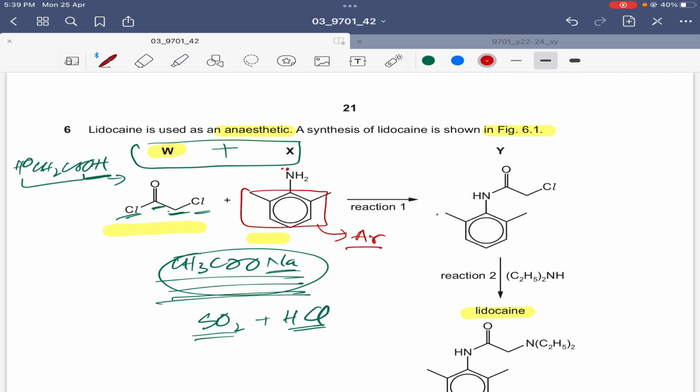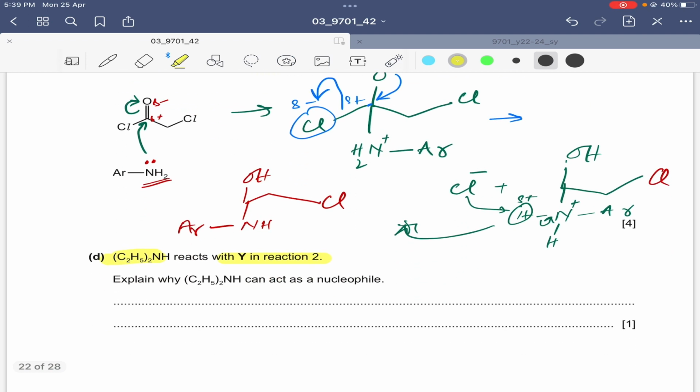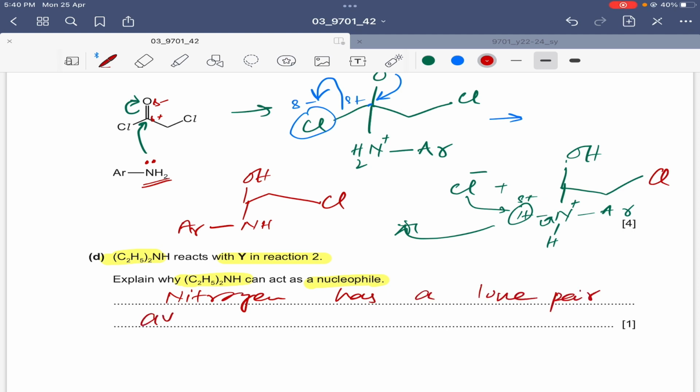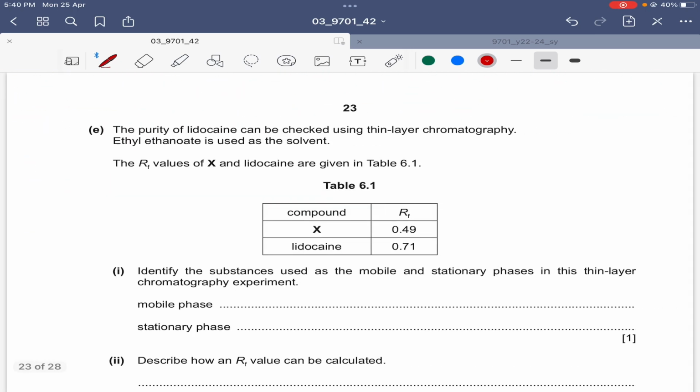So Y will react with diethylamine, right? And explain why diethylamine can act as a nucleophile, because it has the lone pair. Nitrogen has a lone pair available, right? So as nitrogen has a lone pair available, that's why it can act as a nucleophile.